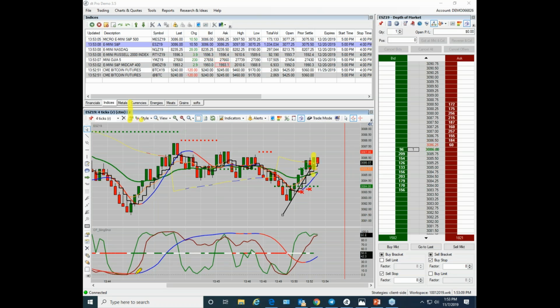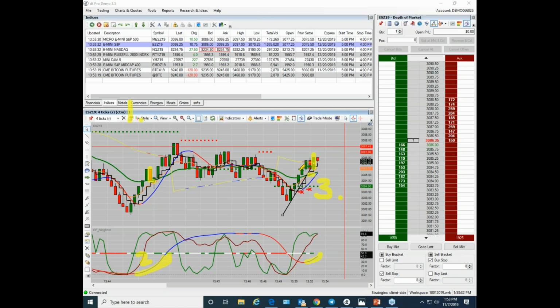Number two, if the cycle is a different color and up at a 45-degree angle, that's a disqualifier. And three, if the black step line pierces the BBC. Usually the black step line is going on at the same time this is happening.